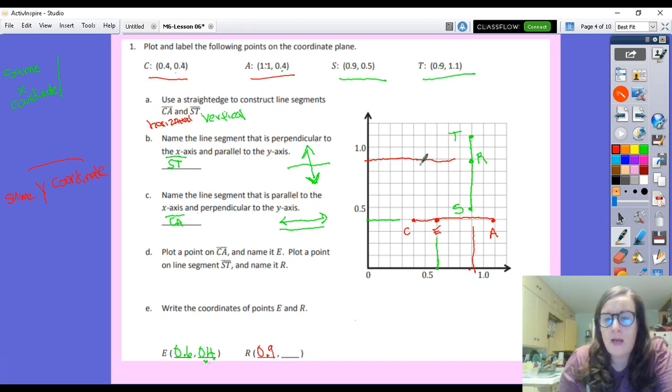And then on my y, this would be traveling up on my y-axis. If this is 1/10, less would be 9/10. So our prediction for a vertical line was that they would have the same x coordinate. So S had 9/10, T had 9/10, and R had 9/10. So far, these predictions are working out.